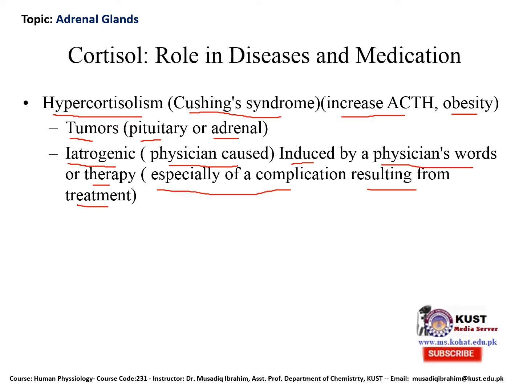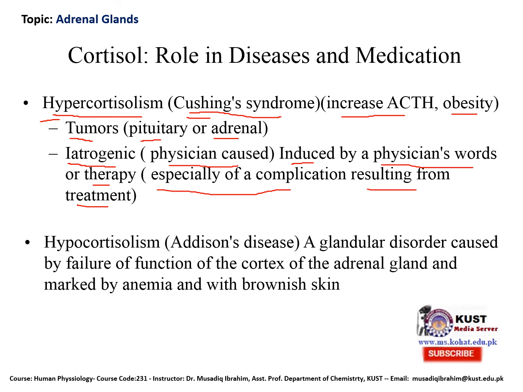So when the doctor is treating a patient who is suffering from a certain disease, during that treatment either hypercortisolism takes place, or the wording used by the physician or doctor can also cause Cushing syndrome or hypercortisolism.